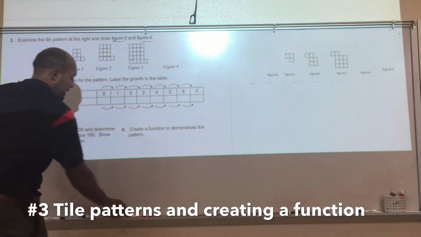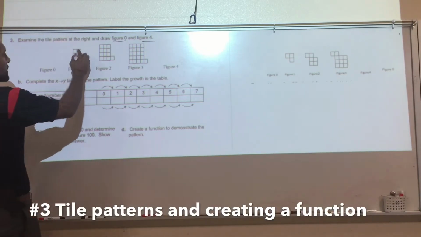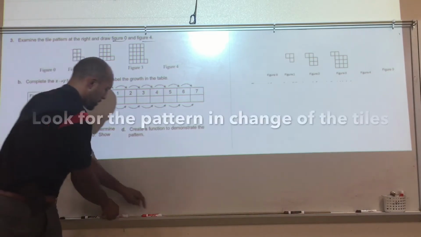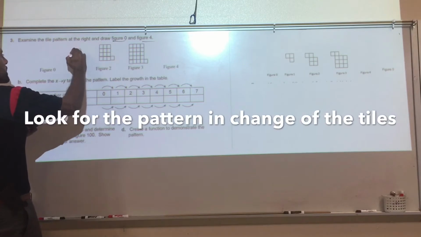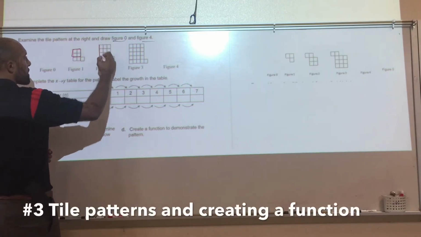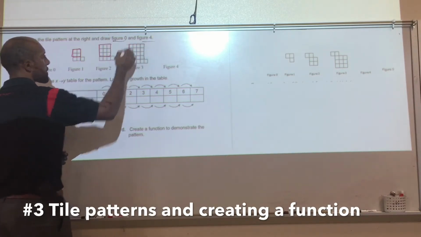Well, as I look at these tiles, I'm noticing that there's always a square on the top. There's always this little perfect square on the top. So there's a 2 by 2 square there, a 3 by 3 square here, and a 4 by 4 square there.